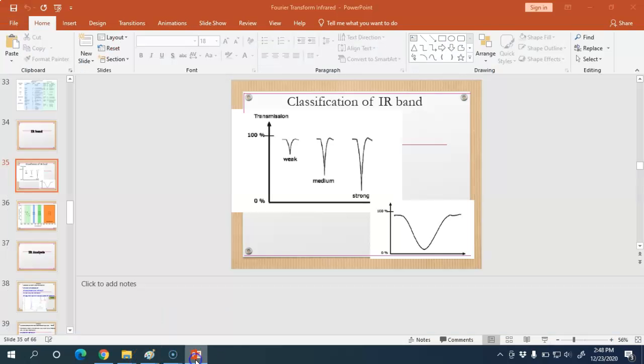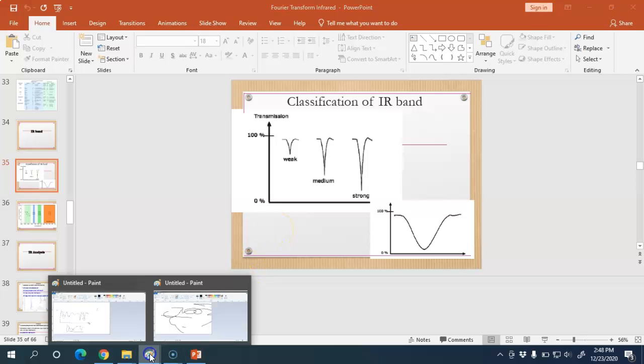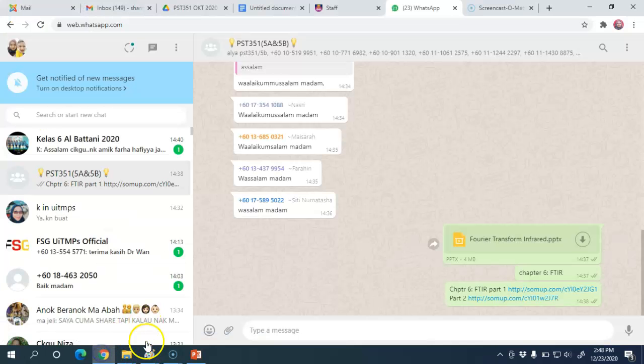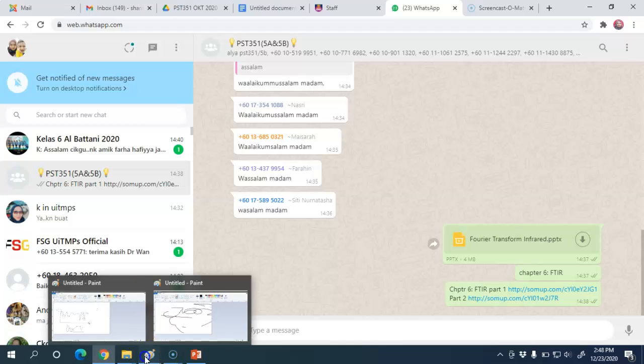Now we proceed with our slide. For this explanation, the maximum percentage transmitted is 100%. Let's say the transmitted value here is 80%.